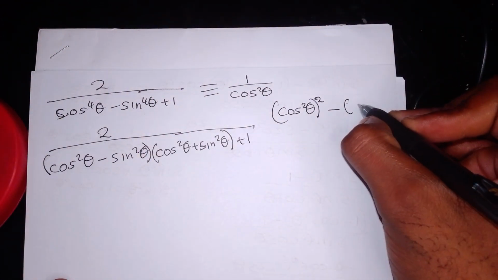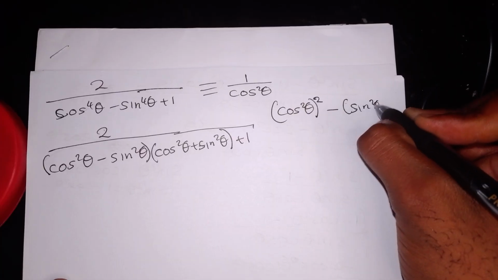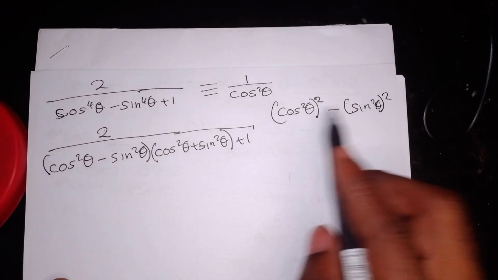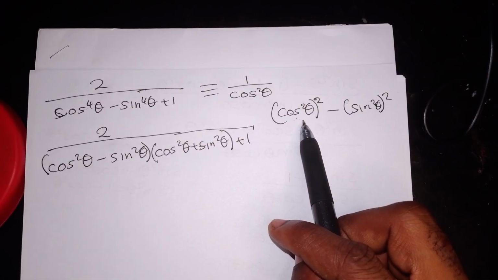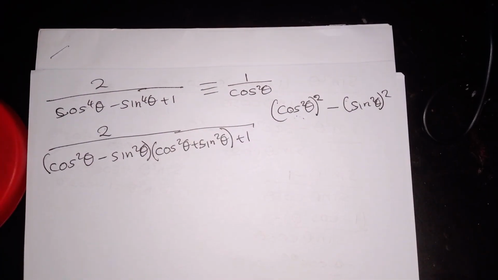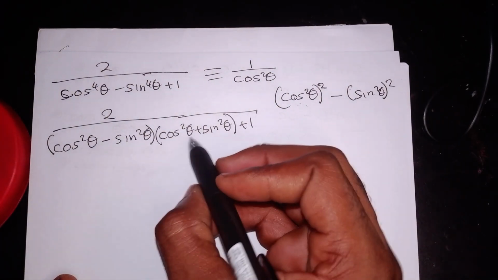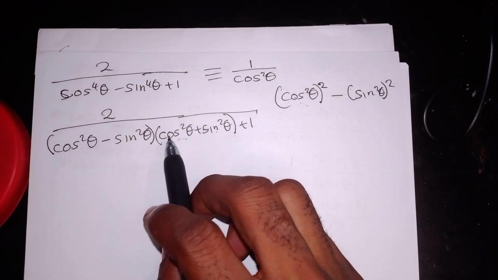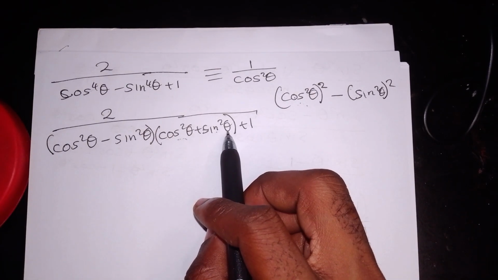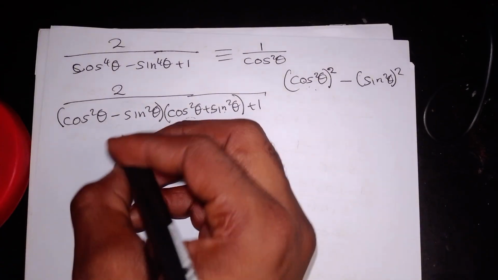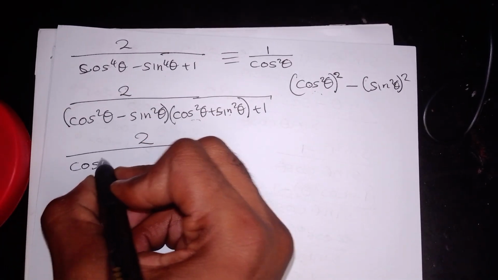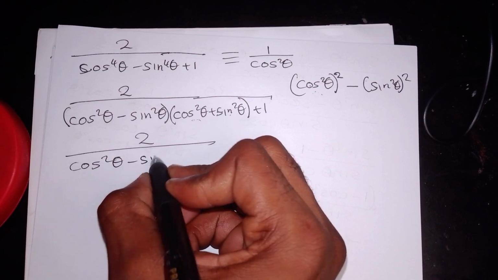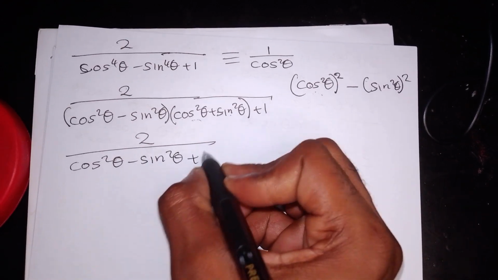Then this is like sine squared theta squared, and then you can just apply the concept of the difference of two squares. So now this is known, this is a 1, cos squared theta plus sine squared theta will give you a 1. So in the denominator we just have this cos squared theta minus sine squared theta plus 1.